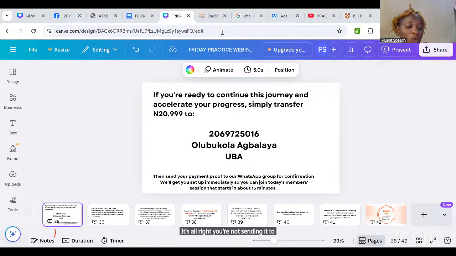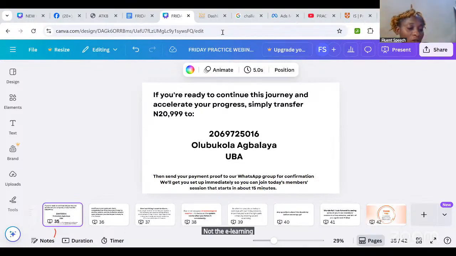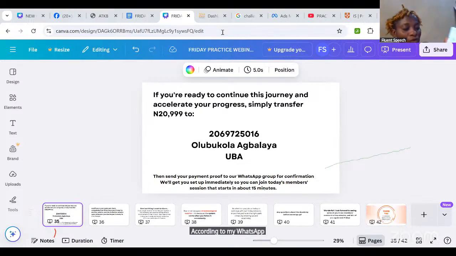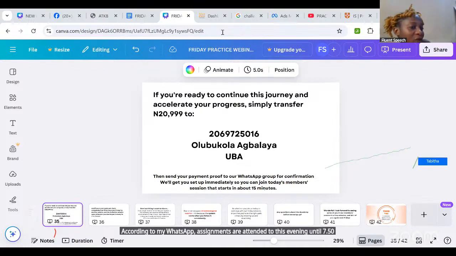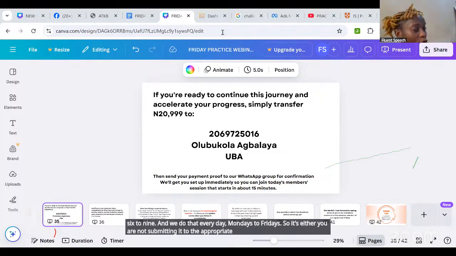Make sure you're sending it to the WhatsApp group, not the e-learning platform. Assignments are attended to until 7:56 tonight, every day, Mondays to Fridays. So it's either you're not submitting it to the appropriate platform, or you're not checking if yours has been attended to. Okay, any other question?